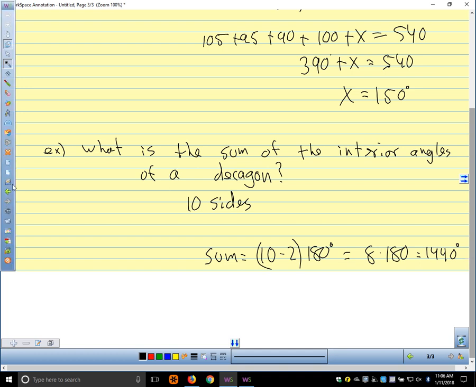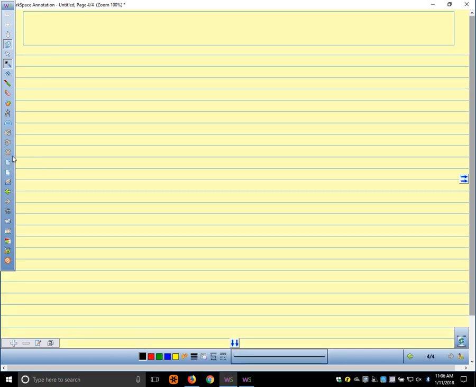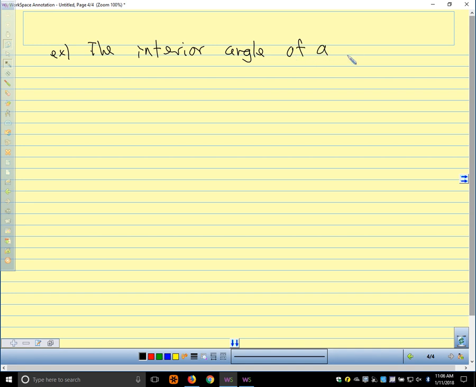All right, we're going to do a couple where we work the problem in reverse. So we have the interior angle of a regular polygon is 140 degrees.